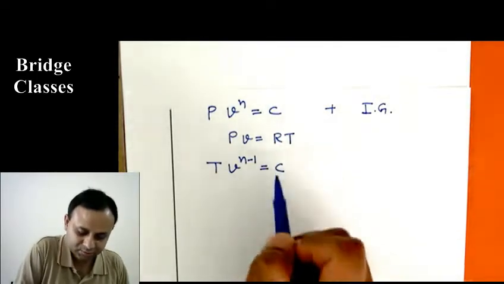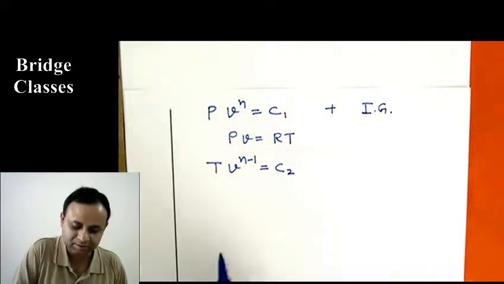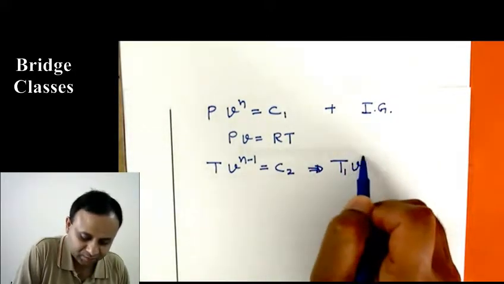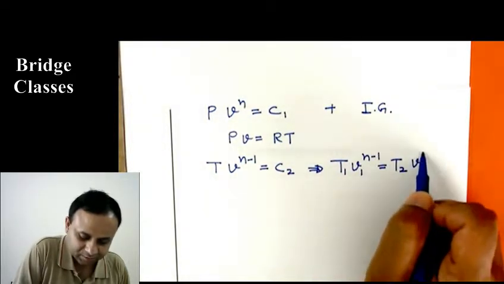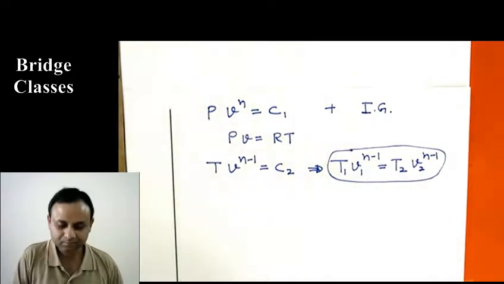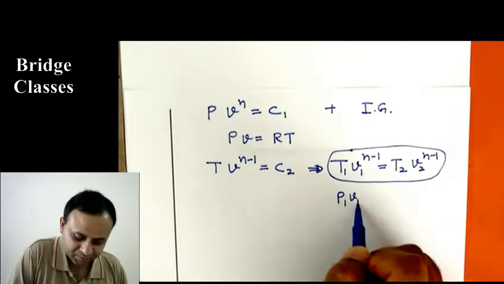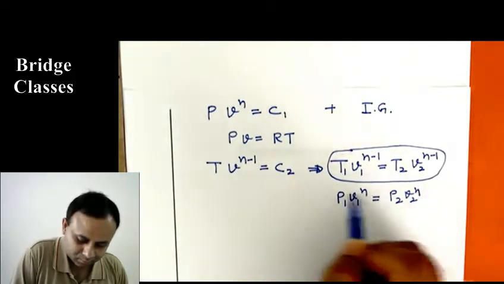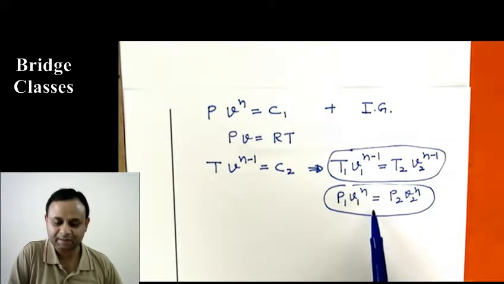So these constants are not the same. To avoid confusion, if this is C1, this is some other constant. But what this basically means is T1 V1^(n-1) equals T2 V2^(n-1). Okay, that is what we care about. So this equation is the same as P1 V1^n equals P2 V2^n, because we manipulated this equation by using the ideal gas law.